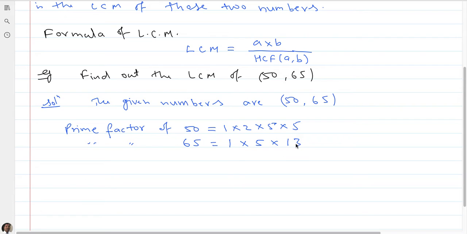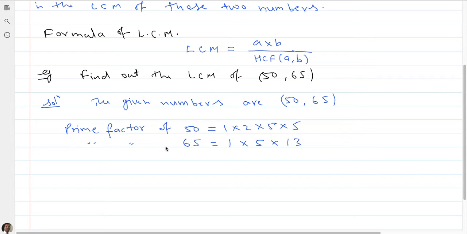If you multiply 13 into 5 into 1, then we get 65. So the 65 can be written in prime factor form like this. There are two numbers given, 50 and 65, and I have written them in the form of prime factors.